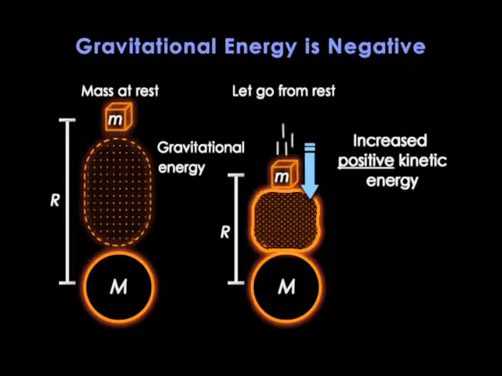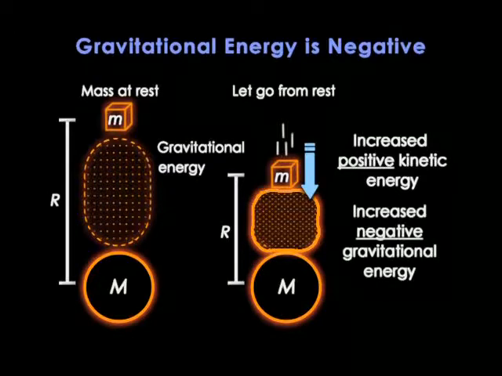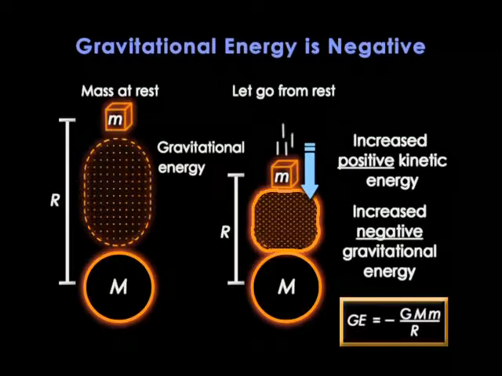But, and here's the important part, since the system is isolated, the total energy hasn't changed. So if the kinetic energy gets more positive, the gravitational energy must get more negative to keep the total unchanged. Hence our formula, Ge is minus GMm over r.